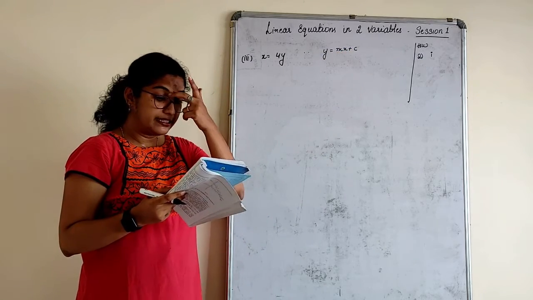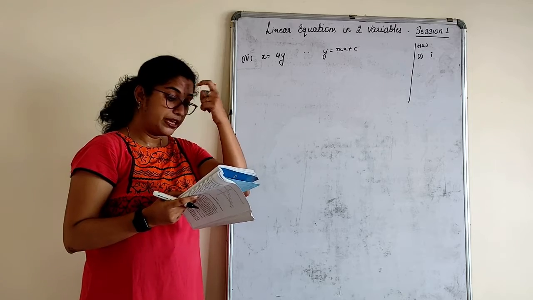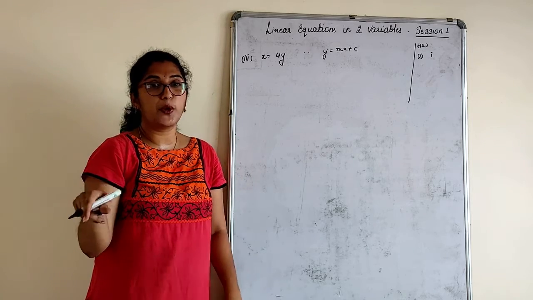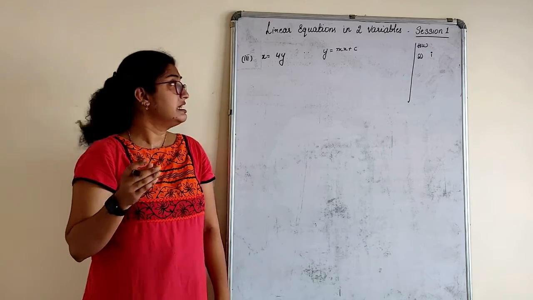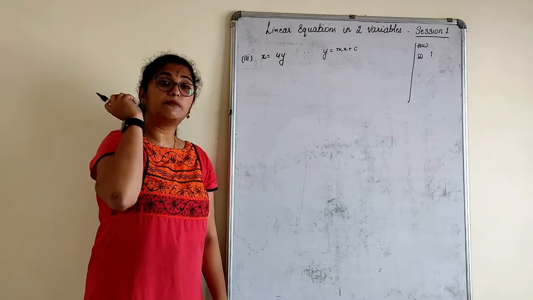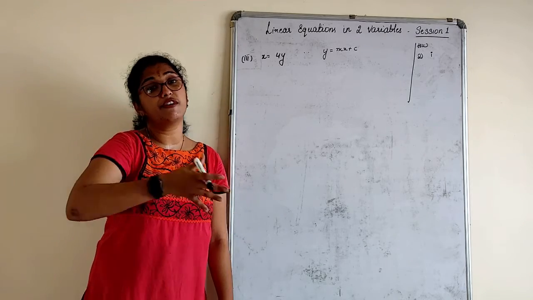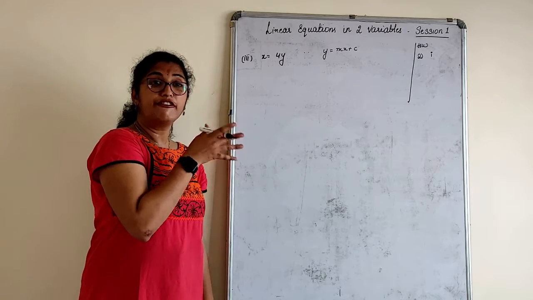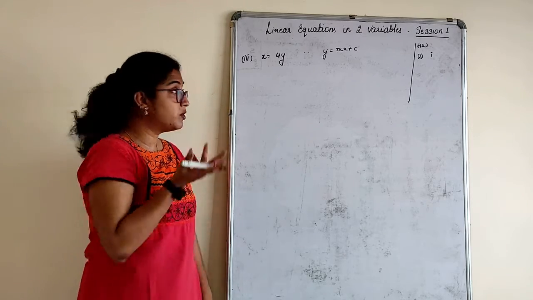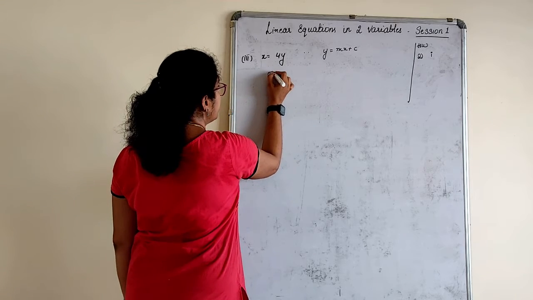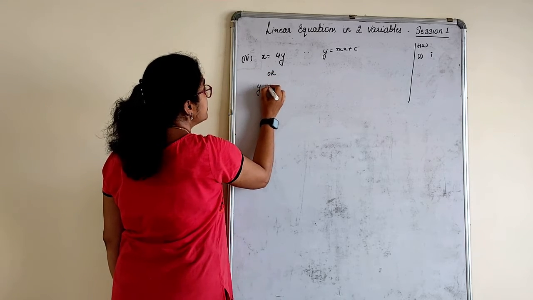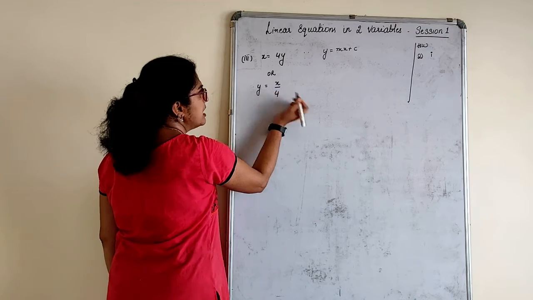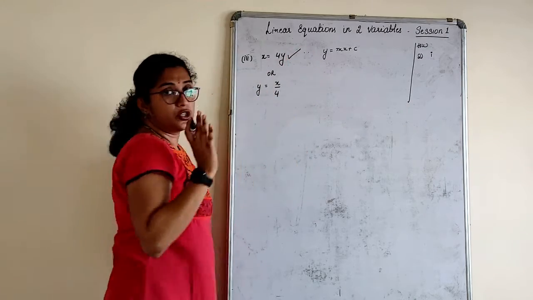Now, what did we write here? For every value of x, there is a corresponding value of y or vice versa. There is no rule that I have to substitute for x only. I can also give a value for y and get x. Here, we can give y and get the x value. Otherwise, we can write this equation as y is equal to x by 4. I am going to choose the first, children, and do it.